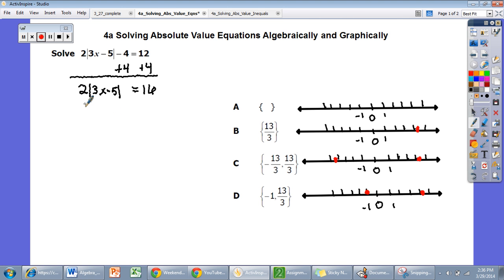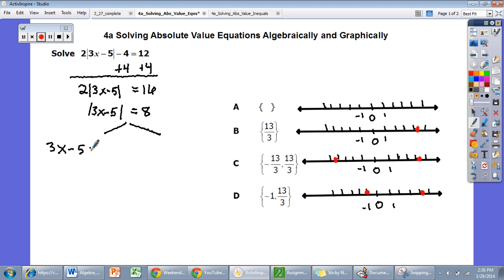We're going to divide both sides by 2, and then I will have my absolute value all by itself. Absolute value of 3x minus 5 is equal to 8. So now I've isolated my absolute value, and I just have that equal to 8. And this is where I break apart into my two equations.